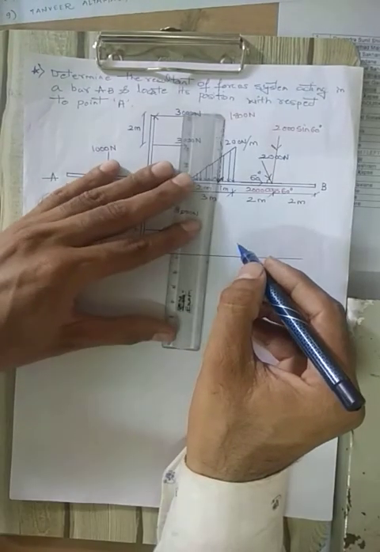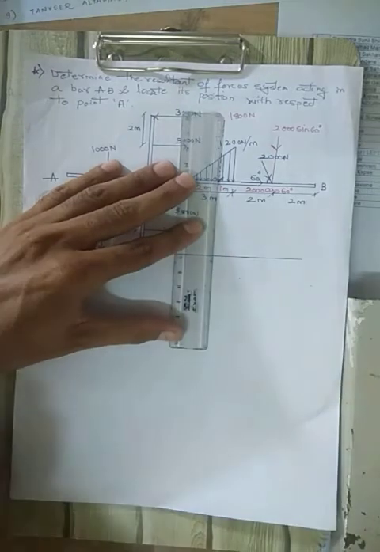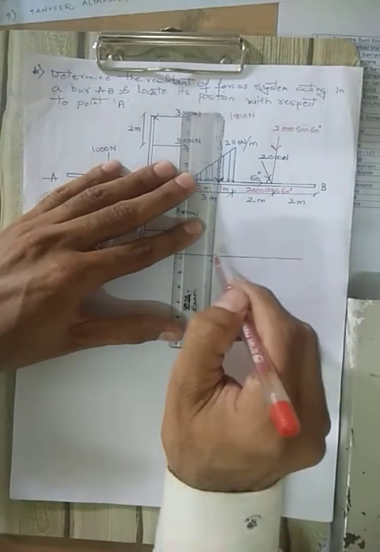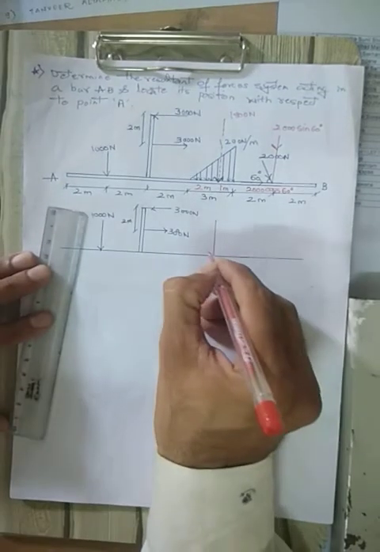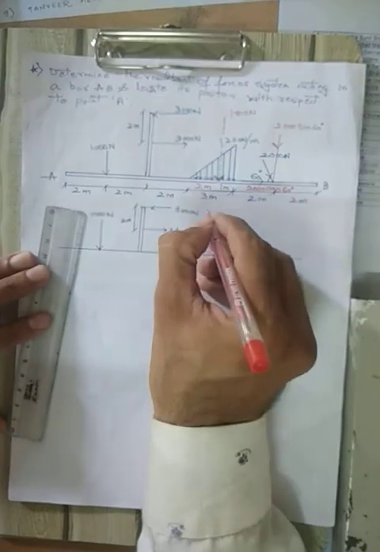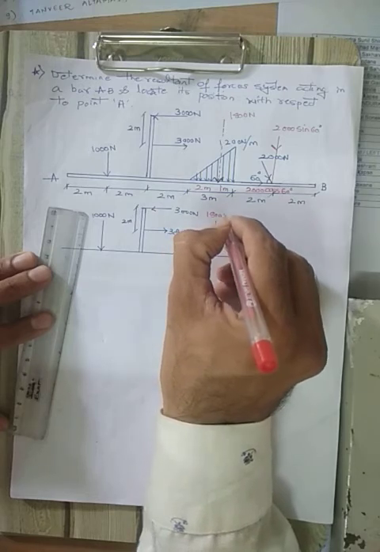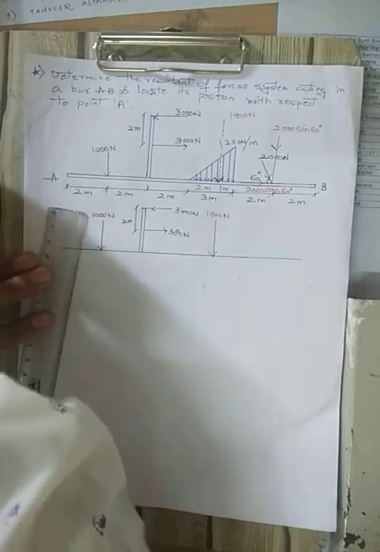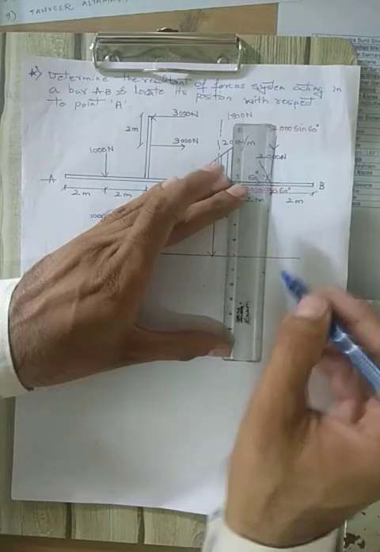Again, this force is converted to a single force having an intensity of 1800 newtons. Again, we are converting this inclined force into two different forces.